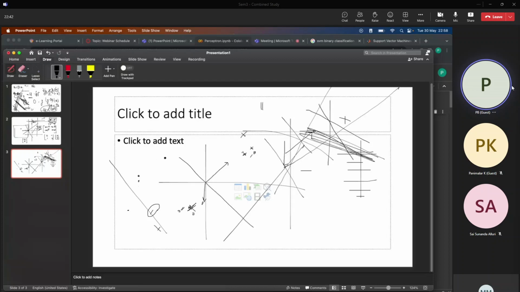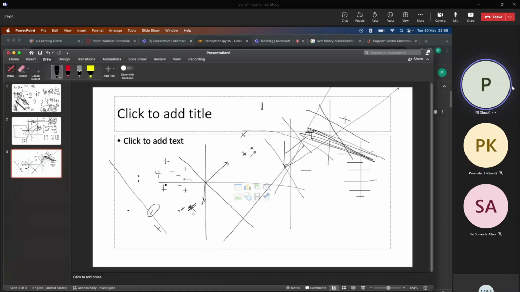Or a better way to see it, data points like this, and negative points here.